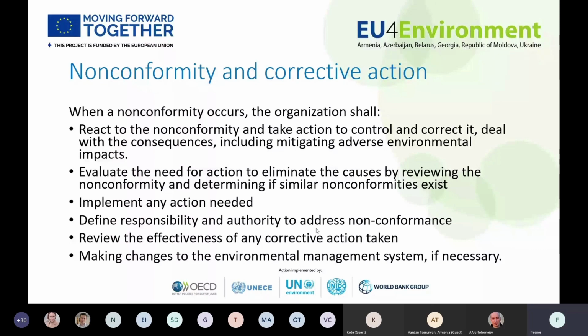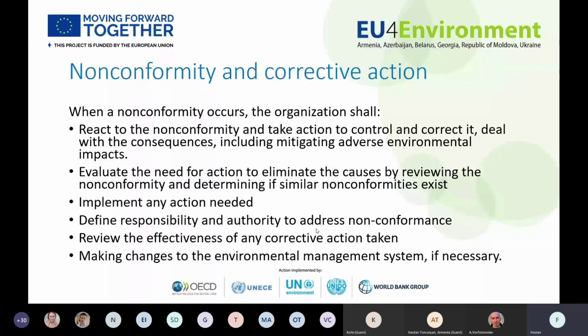Who should identify this? Probably it's operators, probably it's members of the environmental team. And then this procedure regulates to whom this is reported, probably towards the environmental manager or the management of the company.